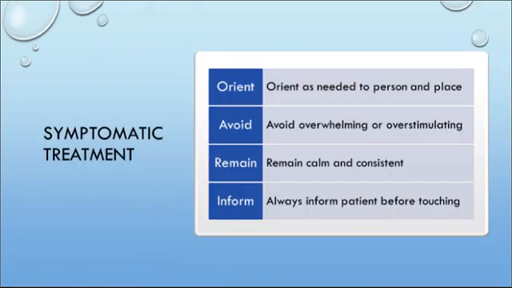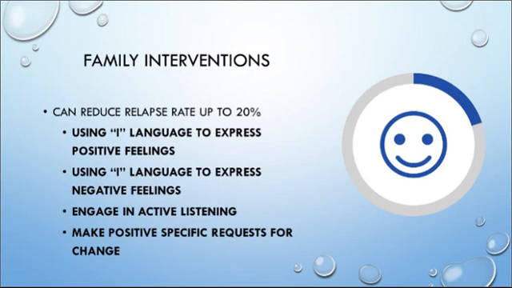Symptomatic management: orient as needed to person and place, avoid overwhelming or overstimulating, remain calm and consistent, always inform patient before touching them. These are clearly stated in your symptomatic treatment on page 1757. And then you've got your family interventions, which are huge.